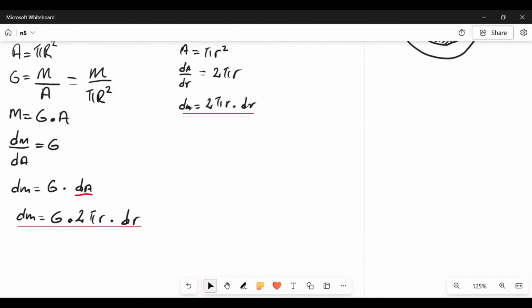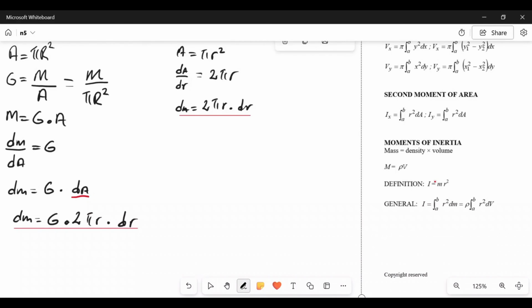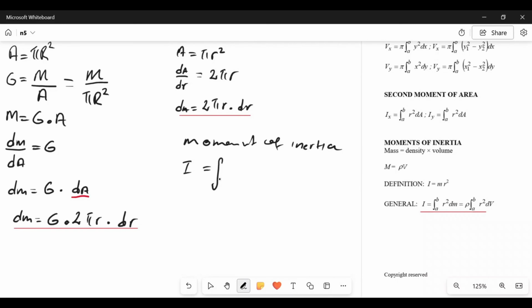Let's go to the formula sheet and select the right formula to calculate the moment of inertia. Here is our formula. Guys, let me highlight it. This is the formula that we can use to calculate the inertia of the entire disk. So I equals the sum, the moment of inertia of the entire disk.